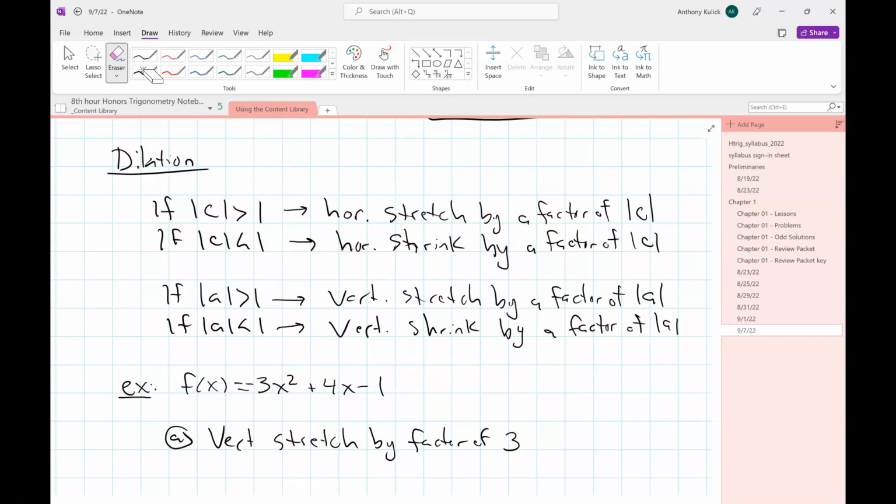And then vertical stretches and shrinks, same rules, but for A's, right? Why do you think we have the absolute values around these? Why not just say A is greater than 1 and A is less than 1? Because less than 1 is like a decimal.